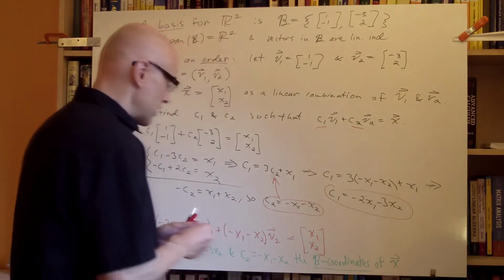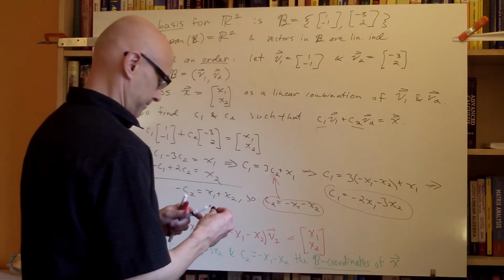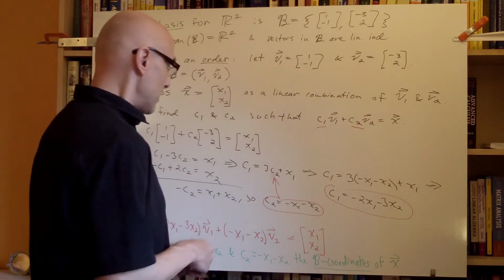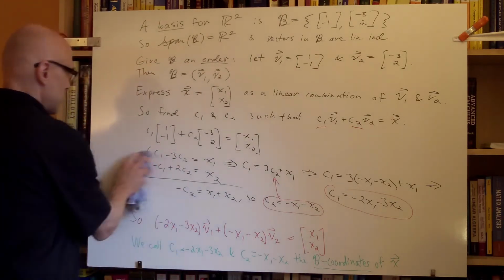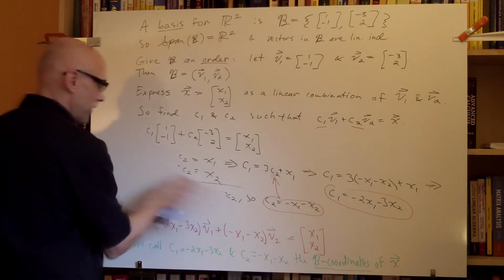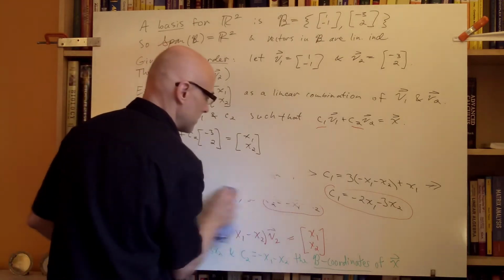So for instance, okay, I need some real estate here. What we don't need anymore is this stuff that we used to find C1 and C2. Get rid of that.